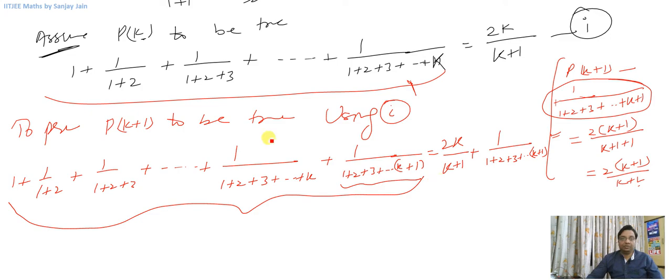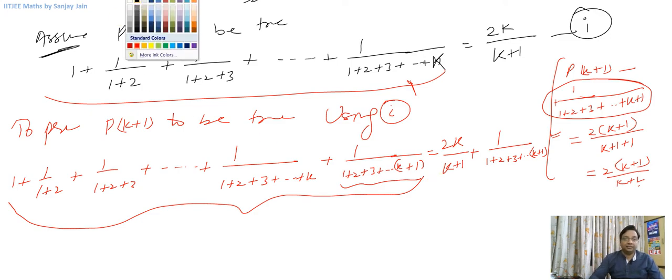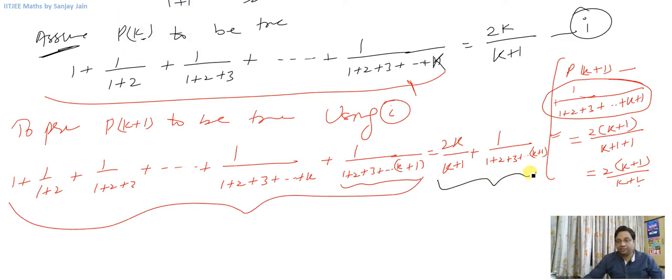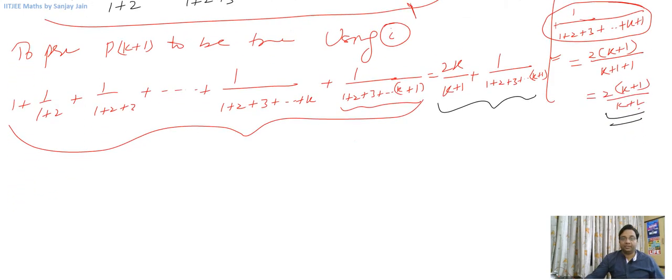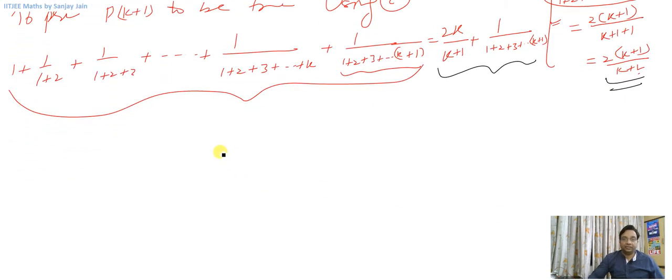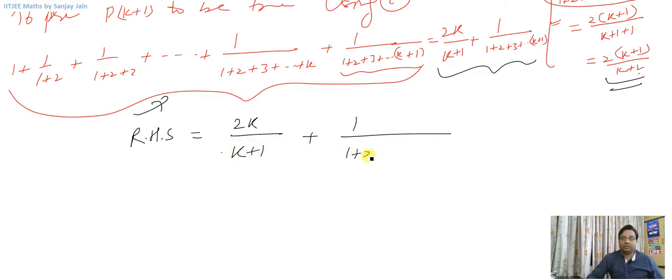Now I just have to manipulate this right hand side to bring it into this form. So I'll be working on the right hand side only. So the right hand side of this expression is equal to 2k over k plus 1 plus 1 over 1 plus 2 plus 3 plus up to k and then k plus 1, right?